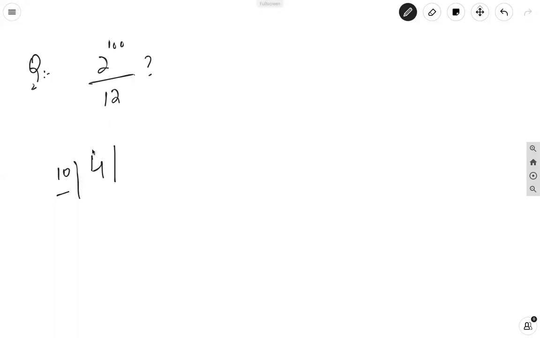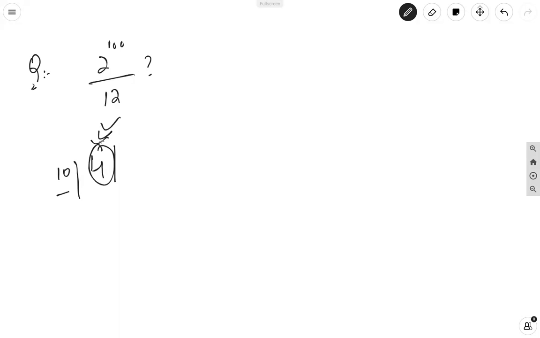Four. Any other answer? Is anyone still solving, or shall I solve this now? Four. Yes, 4 is the answer.